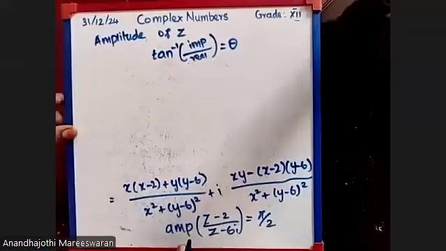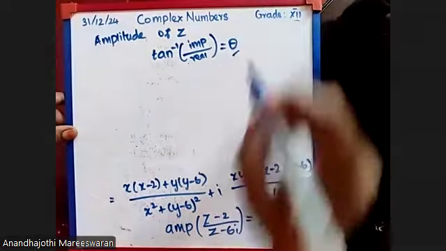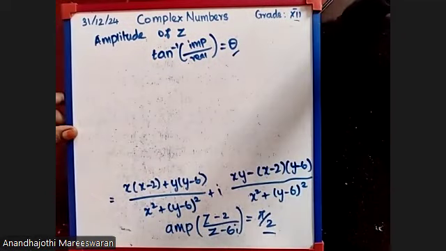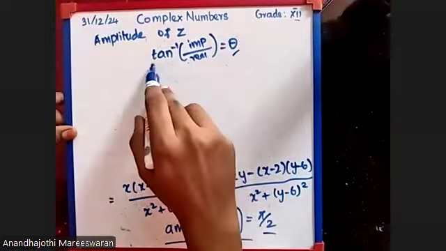What is given in the question? The amplitude of (z minus 2) divided by (z minus 6i) equals pi by 2. So here theta will be equal to pi by 2. So we are going to replace the amplitude of (z minus 2) divided by (z minus 6i) with this formula.